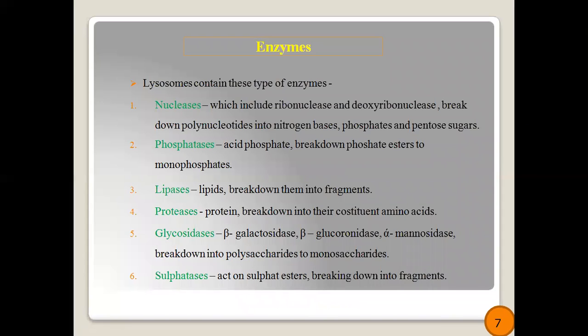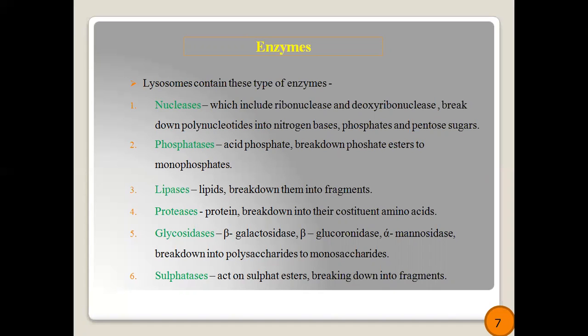Various enzymes which are present inside the lysosomes are as follows. First one is the nucleases, which include ribonuclease and deoxyribonuclease. They break down polynucleotides into nitrogen bases, phosphate, and pentose sugar. Next one is the phosphatases.